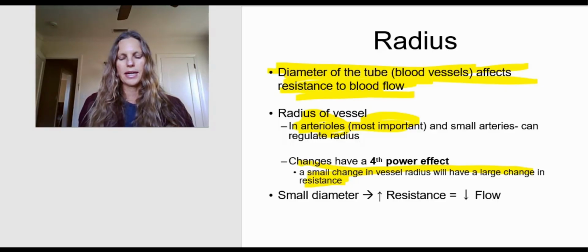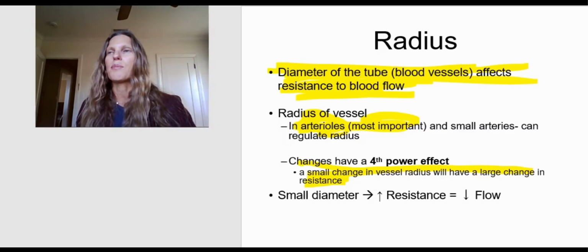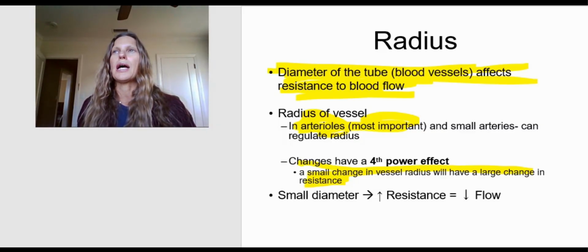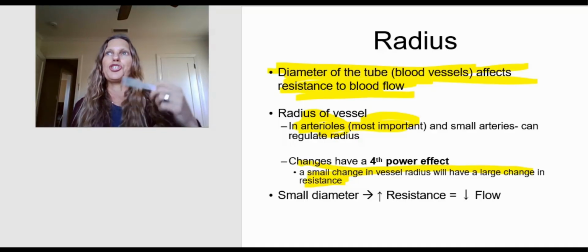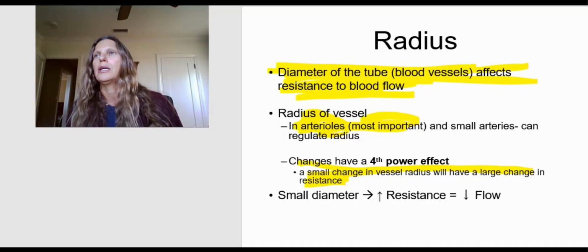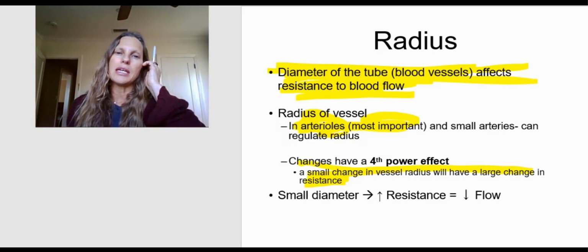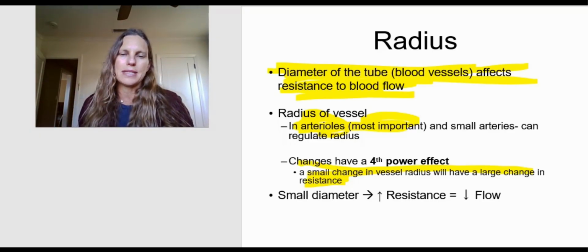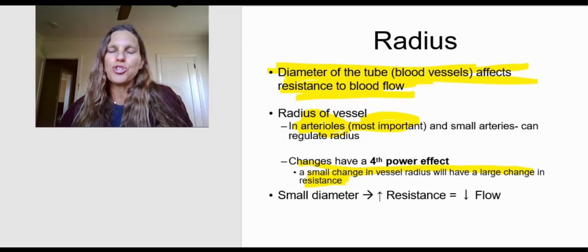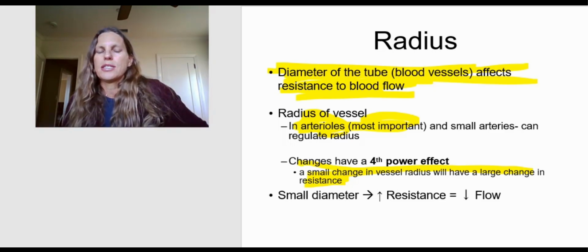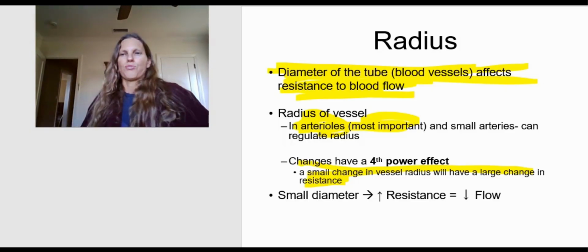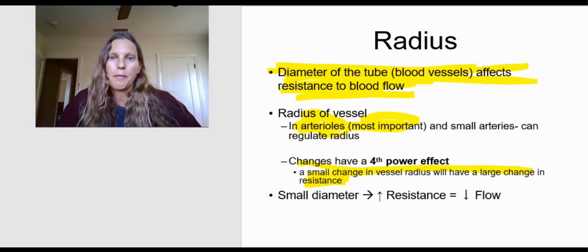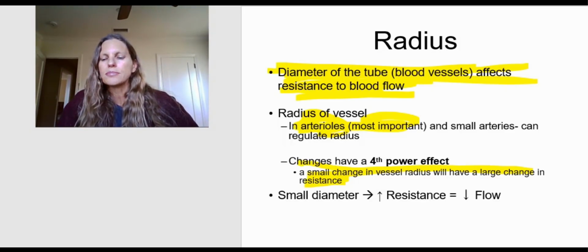It's a fourth power effect. So if for some reason you doubled the radius of your tube, that would increase the flow essentially 16 times, right? That's a huge difference. Just doubling the size of your tube. It's a big, big change.